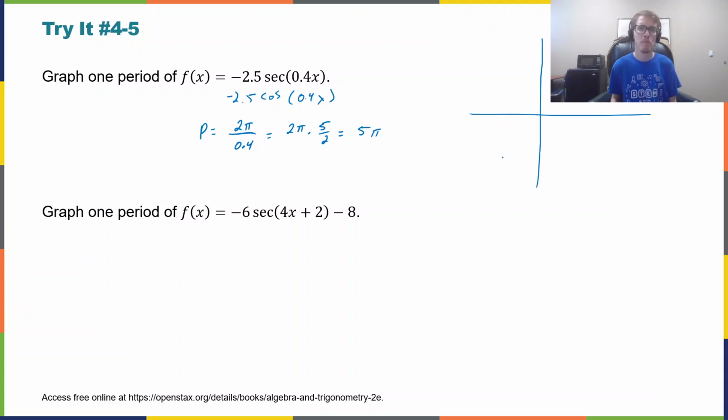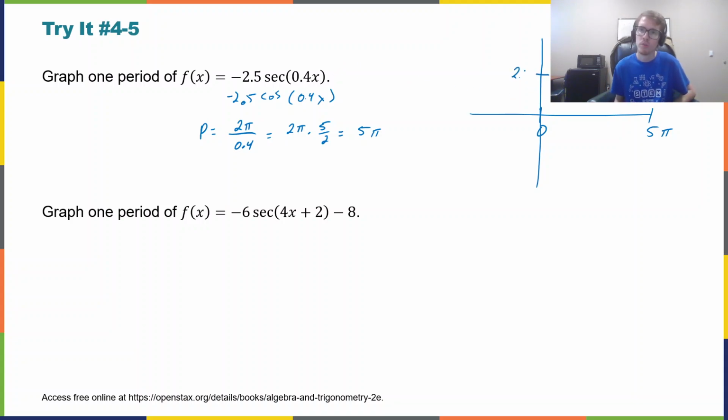All right. So I'm actually going to graph, again, a cosine with a period of 5 pi. So let's put 5 pi over here, start at 0. And because we have a negative 2.5 as an a value, that means it is reflected, and it has stretched by 2.5, but there is no shifted midline.